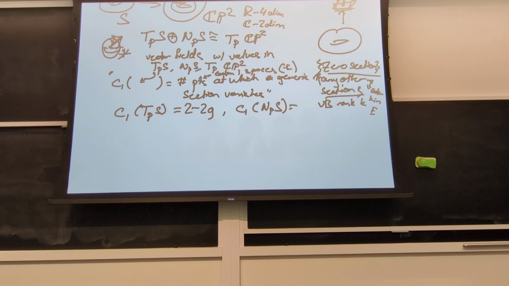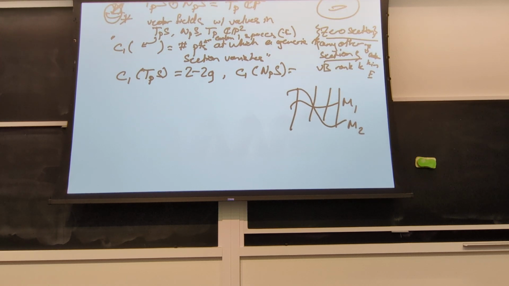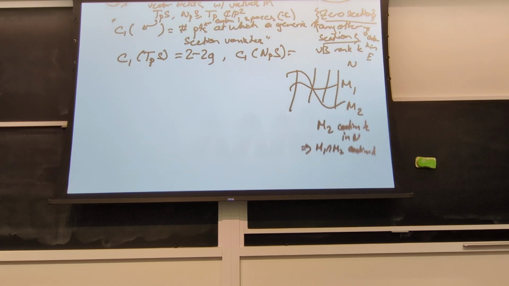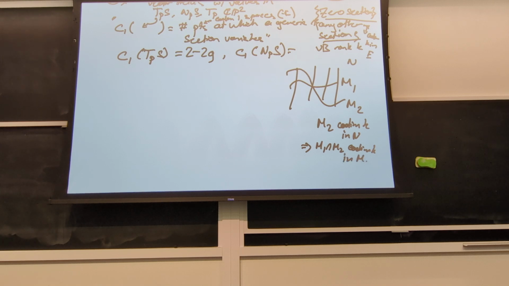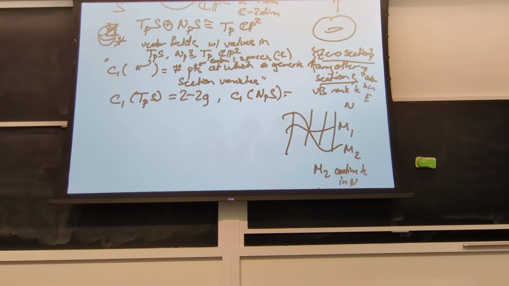This is something you can show: if you have something in some ambient space, let's say this is M1, and this is M2, and the ambient space is N, and M2 is codimension k in N, then this implies that M1 intersect M2 is codimension k in M1.